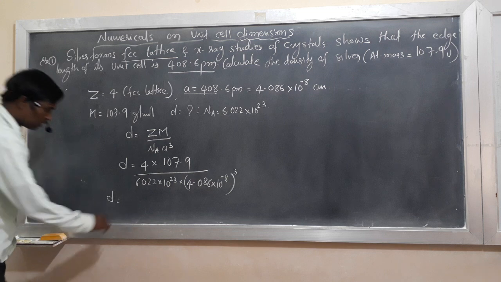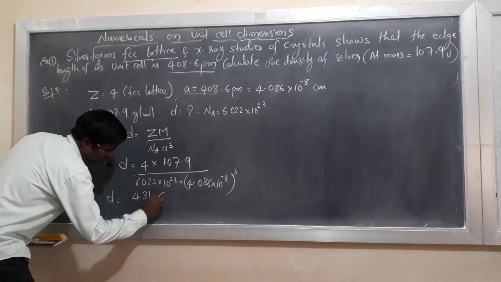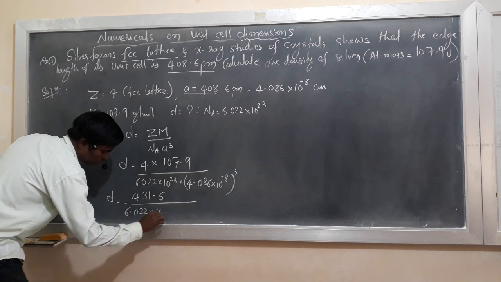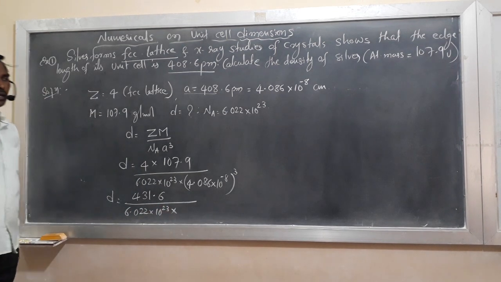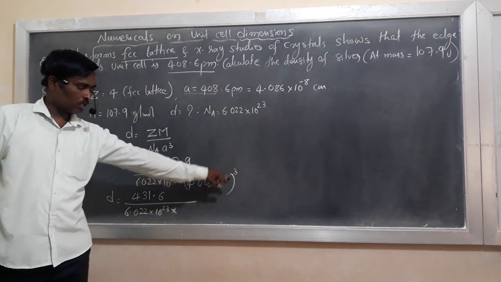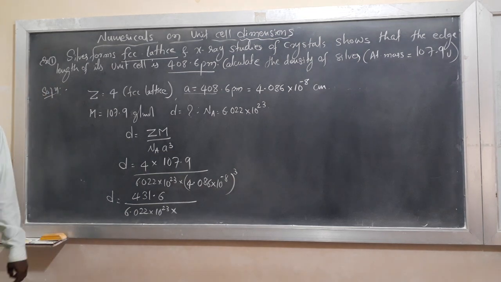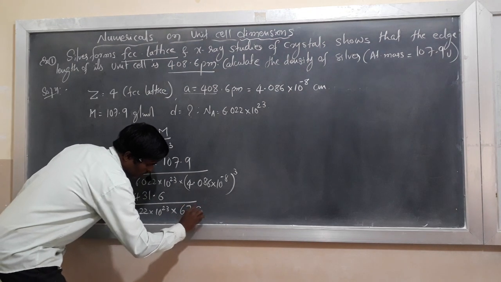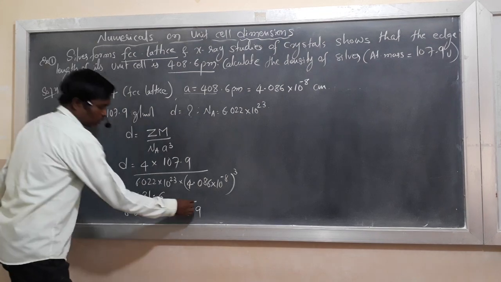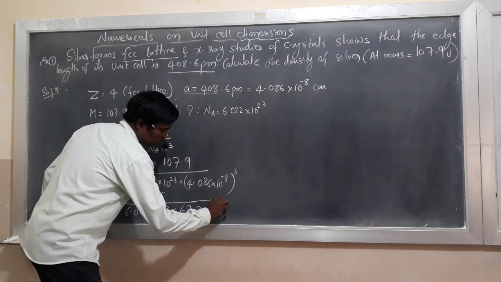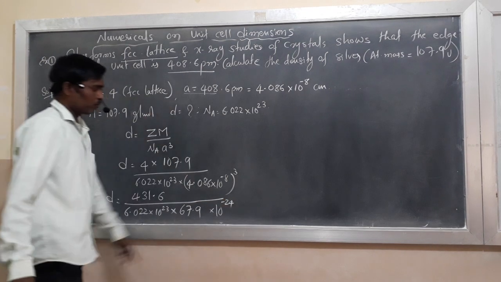You calculate, you will get the answer here as 431.6 divided by 6.022 into 10 raised to 23 into. Let me cube these two separately. There is 4.08 whole cube and 10 raised to minus 8 whole cube. So 4.08 whole cube, its value is 67.9, and 10 raised to minus 8 whole cube is 10 raised to minus 24, since 8 threes are 24.